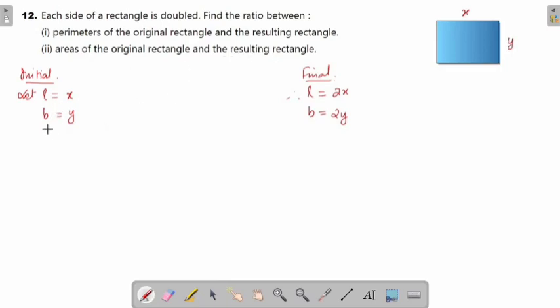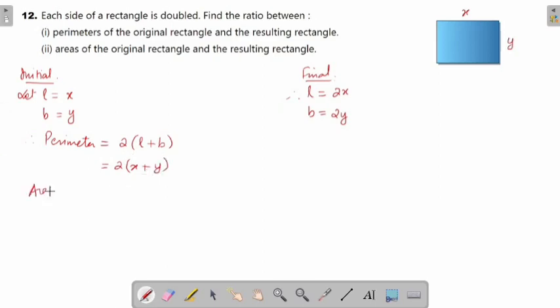So for both, I will find the perimeter and the area. Perimeter: all of you know the formula for perimeter is 2 into L plus B. So 2 into L, L is x and B is y, so this is your perimeter.